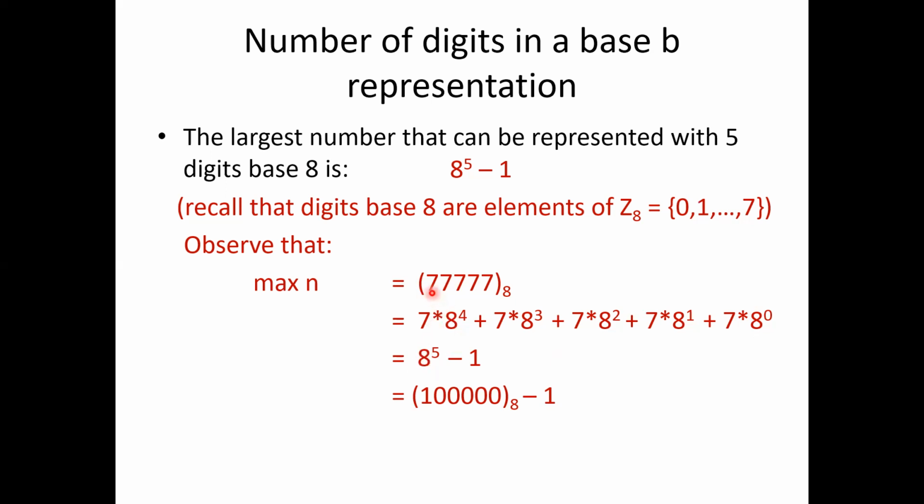Or you think the highest number with 5 digits, base 8, is 1 minus the first next number, which is the 5th power of 8. The knee-jerk reaction is to just say that with 5 digits, base 8, it is 8 to the 5, but it's not. It's 8 to the 5 minus 1. And why are we caring about this?